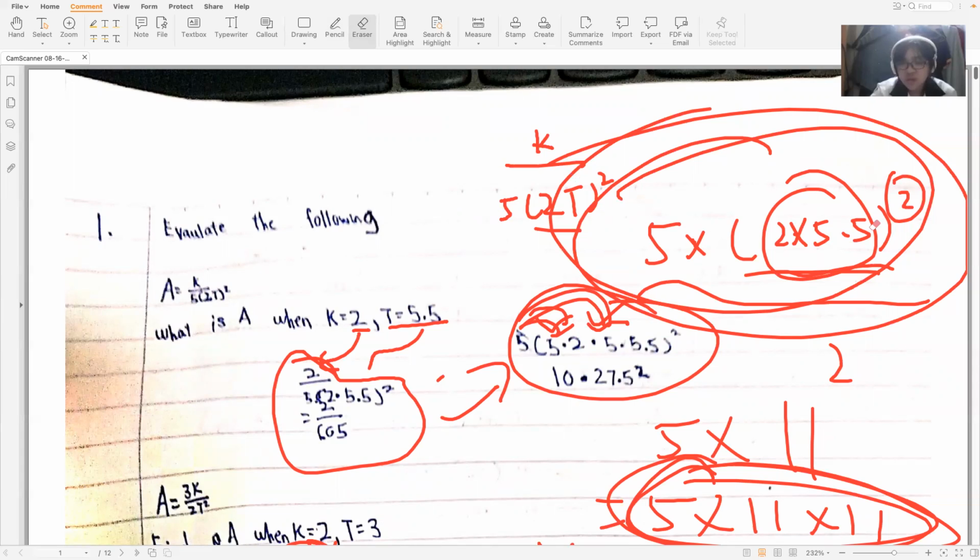Times the inside one. Exactly. Then after that, 5 times 11 square, what are you going to do next? What are you going to do next? 5 times 11 square. Then 2 over 11.